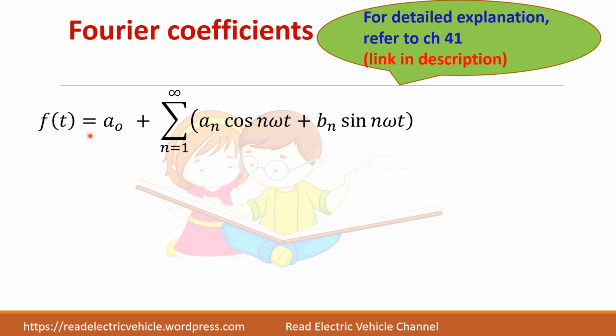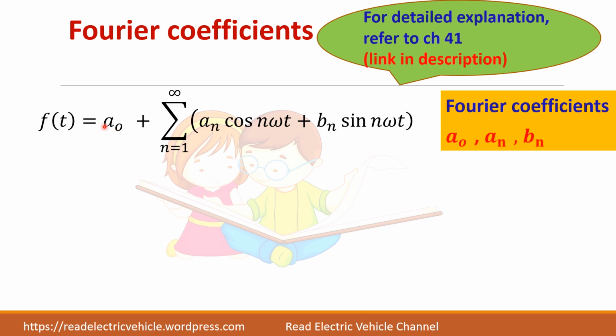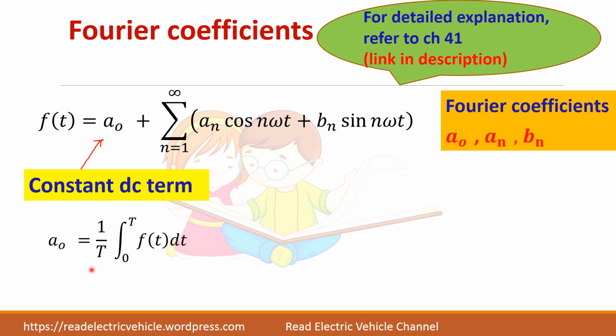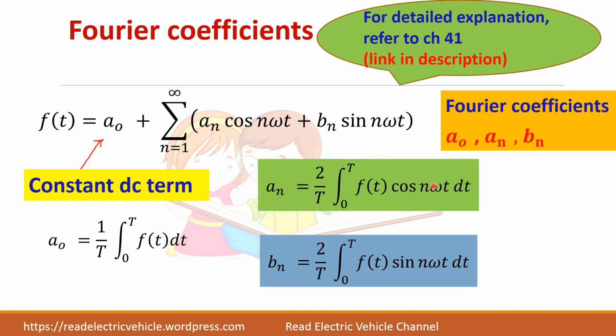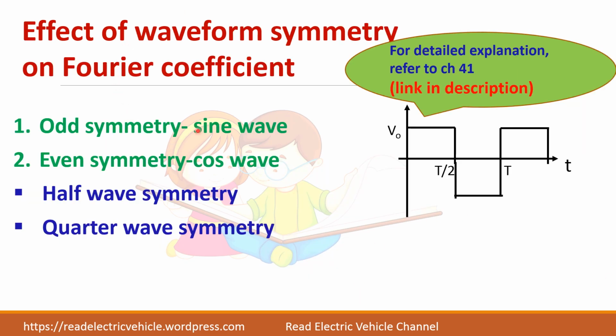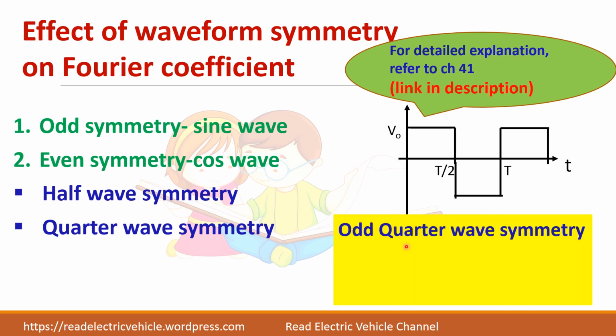So f of t is equal to this, where a naught, an and bn are called the Fourier coefficients. This is a constant term, and the an and bn formulas are given. Then we have to identify what type of waveform it is. This output waveform is similar to the half bridge inverter except that the magnitude alone changes to plus Vs and minus Vs. And we have already seen that this waveform exhibits odd quarter wave symmetry.